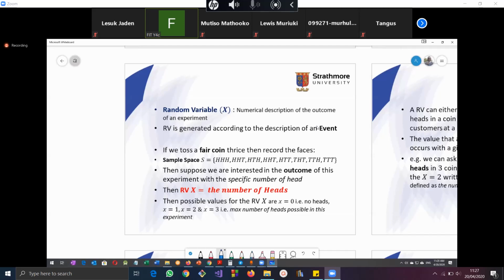That will define how the variable will be taking values, and then you will be able to measure the probability that a given random variable takes a certain value.